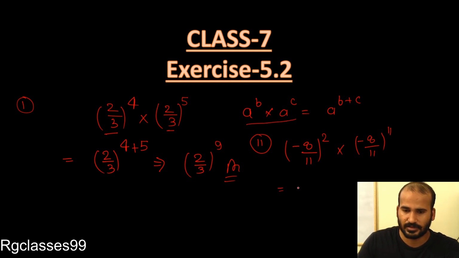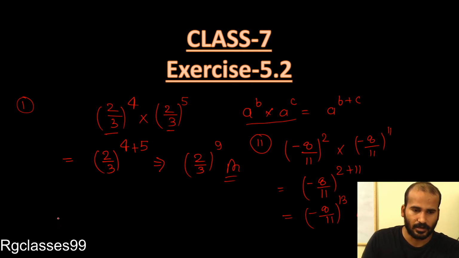Write -8/11 one time and just add the exponents. So the result is (-8/11)^13, since 11 plus 2 is 13, and this is your answer. I hope you got it. Okay.